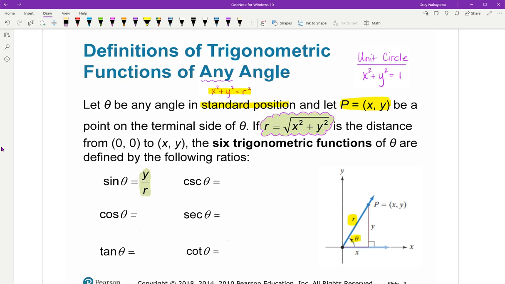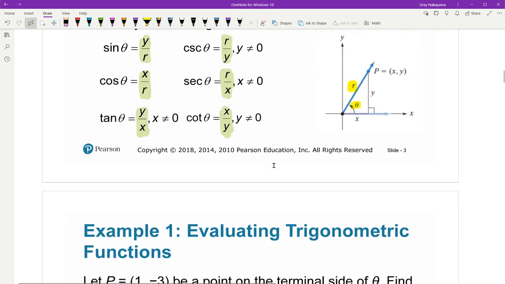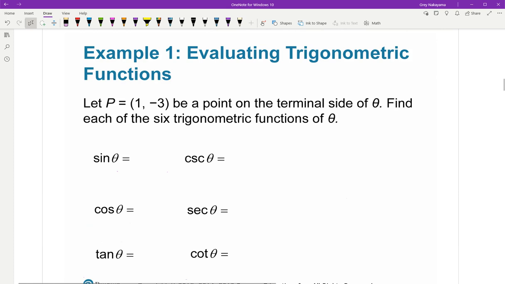Sine is y over r, cosine is x over r, tangent is y over x, where x can't be 0, and then you flip each of those. The cotangent is x over y, where y can't be 0, secant is r over x, and cosecant is r over y. Again, I don't put as much stock in those reciprocals. What I really care about is that you know these two are reciprocals of each other. So if you get this one wrong, I want you to get this one wrong, because all you did was flip that answer.